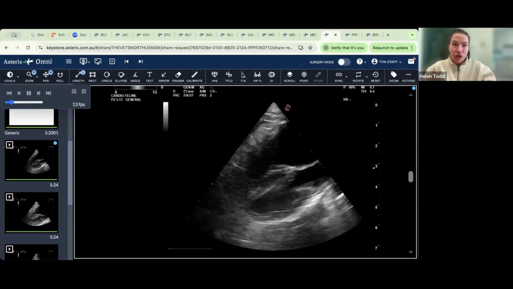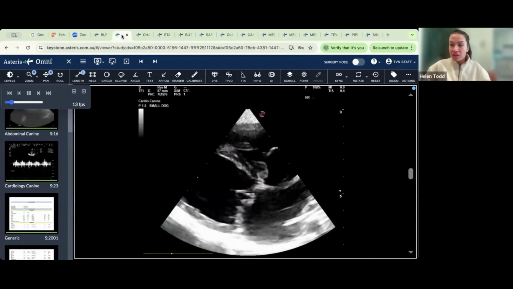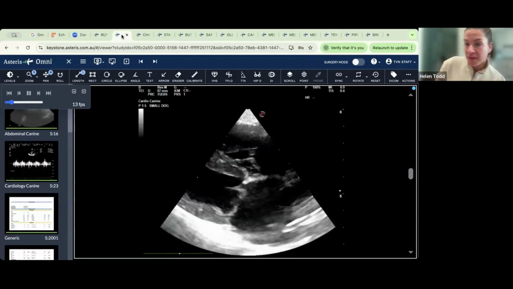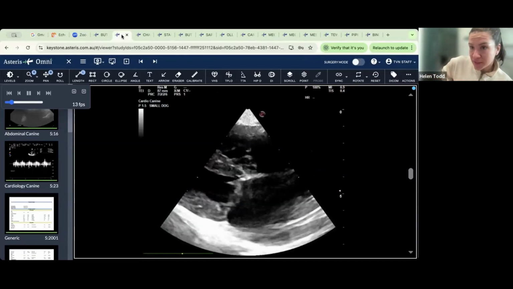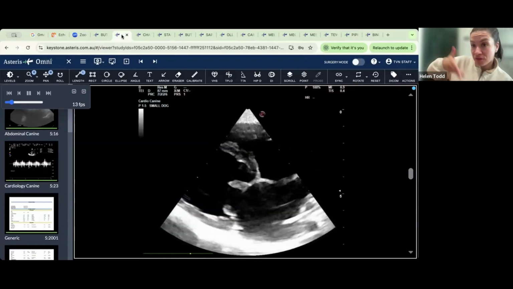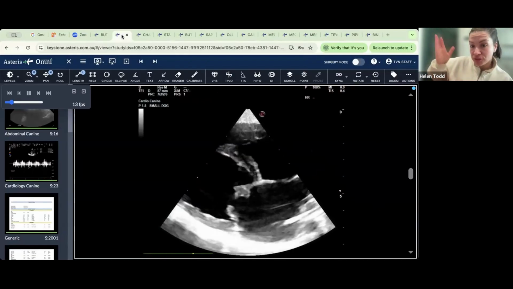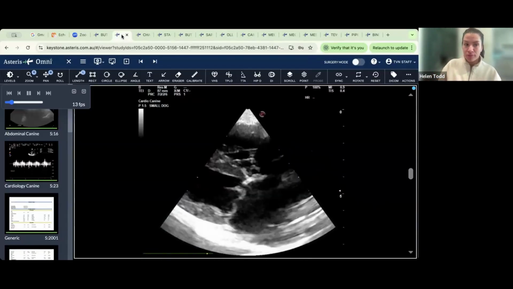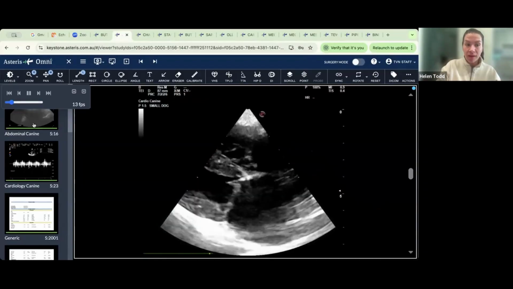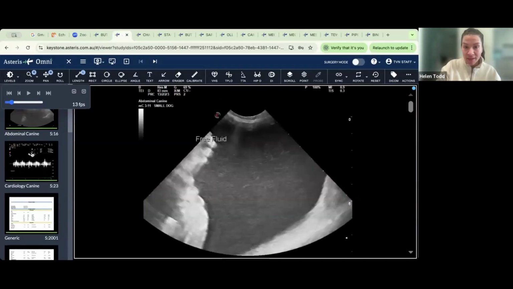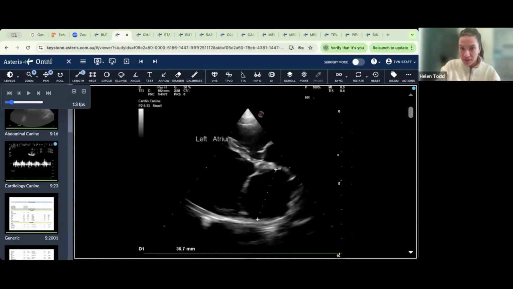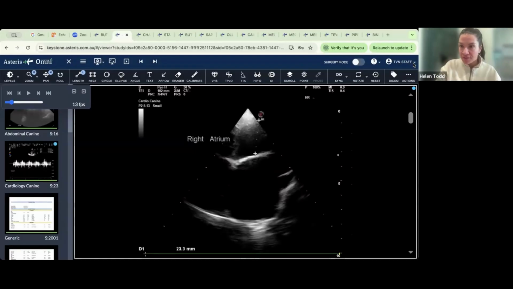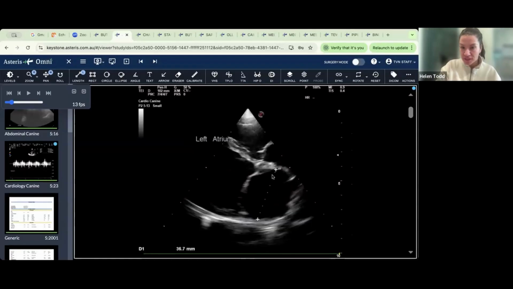Okay, brilliant. So that's always the first view that we get with the echo, and we could take some measurements in this view. We can measure our right and left atrium just in long axis. In dogs, just taking that left atrial measurement isn't completely helpful and diagnostic. You can see this dog's left atrium just straight across is 36 millimeters, but we don't really have reference ranges.